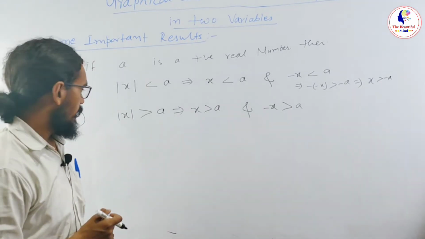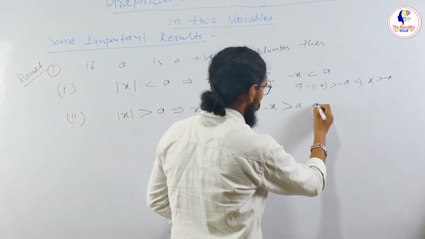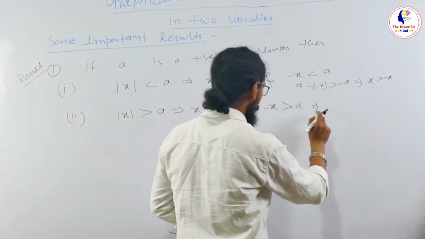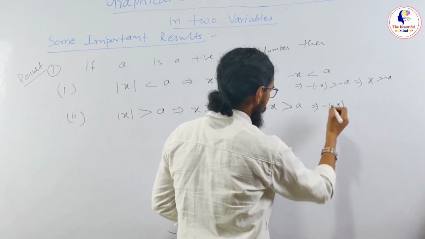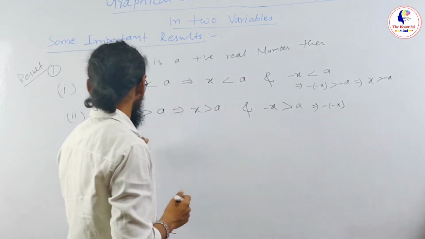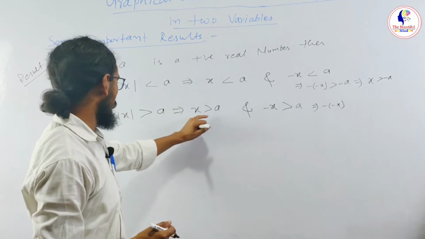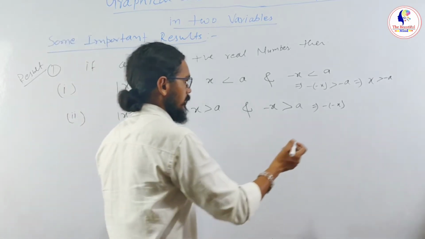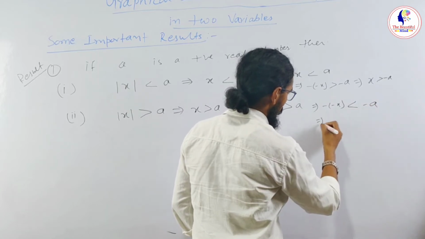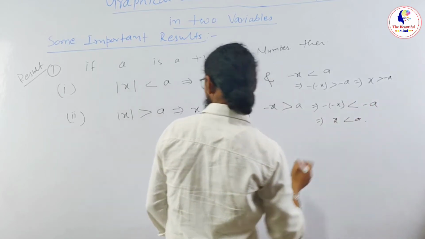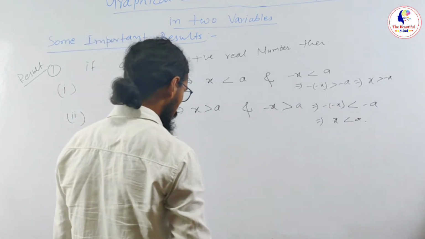It is not possible. So here we will multiply by a negative sign. This is the modulus x greater than a. It means x greater than a or minus x greater than a. Now this is less than minus a. This implies that x less than minus a.